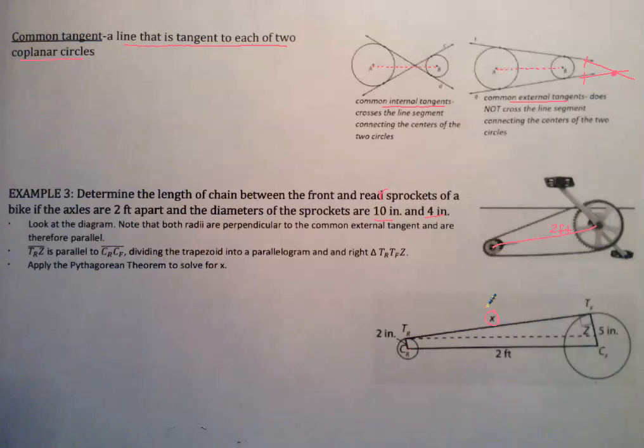More than 2 feet. So, and that's why it says, look at the diagram. Note that both radii are perpendicular to our common external tangent and are therefore parallel. Okay, so this radii and this radii are parallel. This line here, what's this dashed line here for? That's showing how. Is that the height?